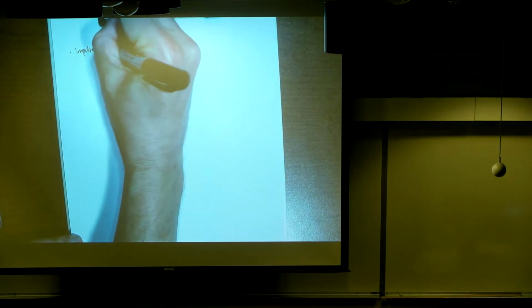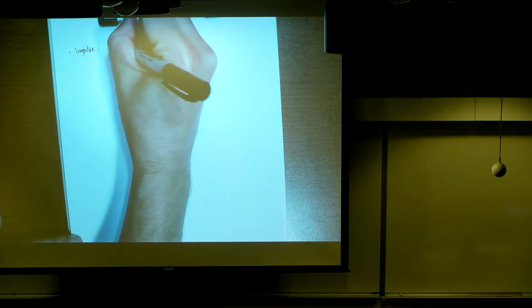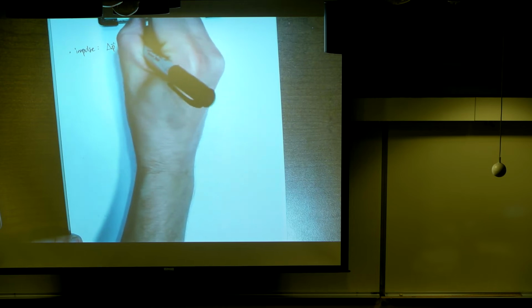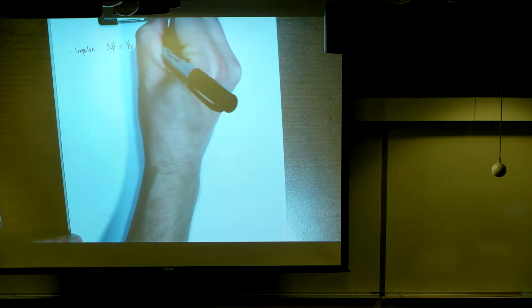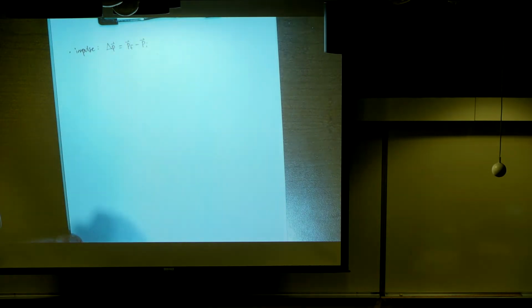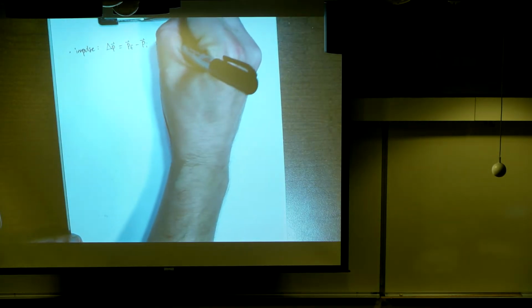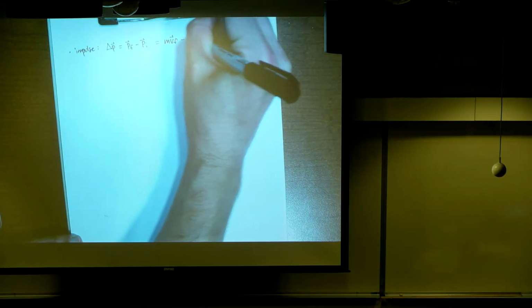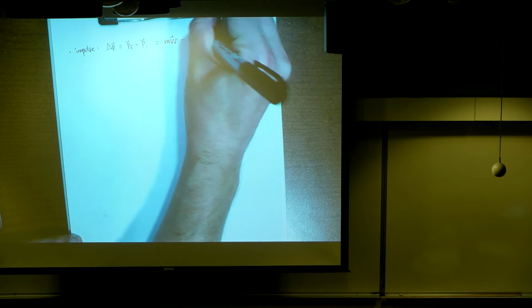So we'll start with the impulse. And this works just like before. There is a delta P, which is P final minus P initial. And we can write that as m V final minus m V initial.